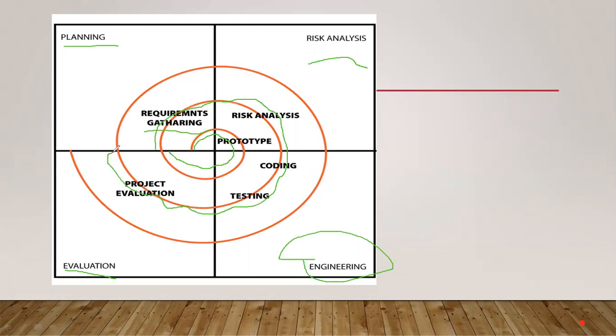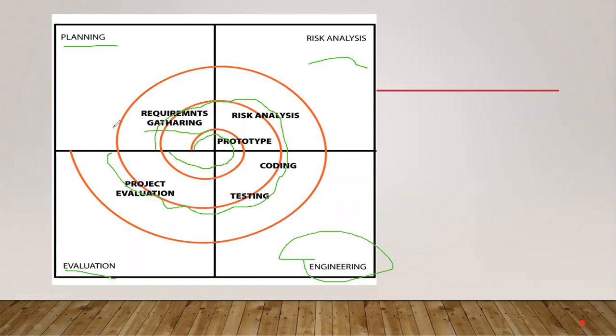Here you split your total project into a number of modules. Each module is executed in one completion of one spiral, the second module in the second spiral, the third module in the third spiral. If you have only 3 spirals, it means you have only 3 modules in your project. 4 spirals means 4 modules.